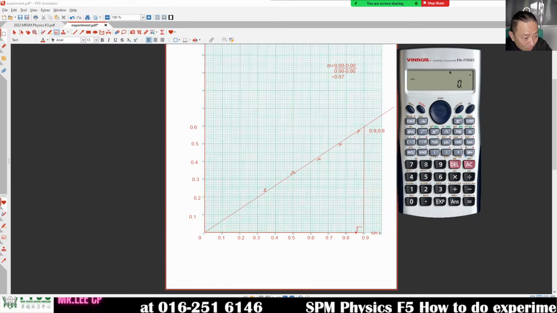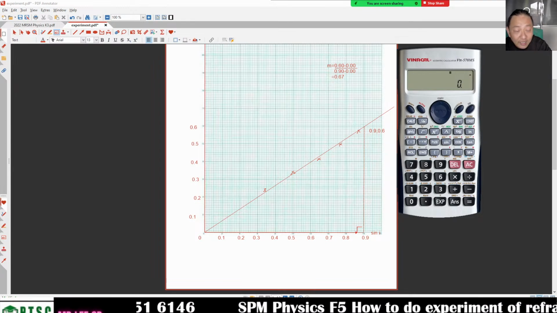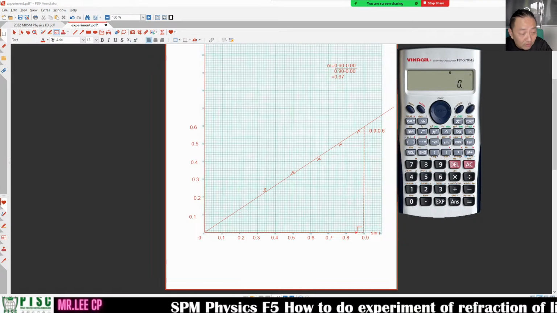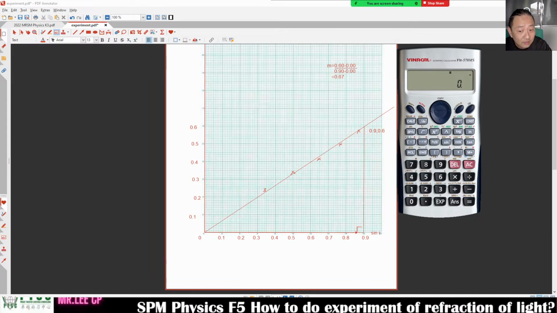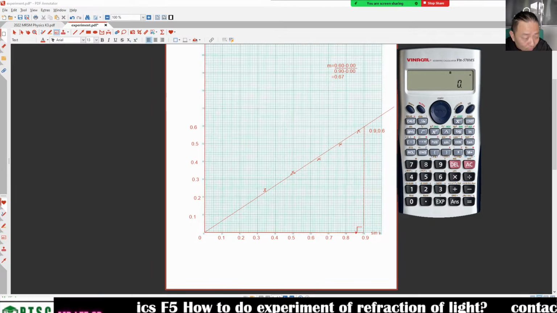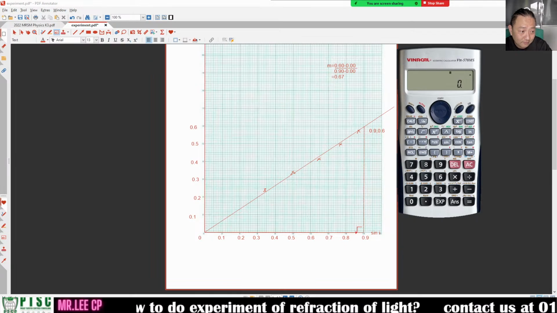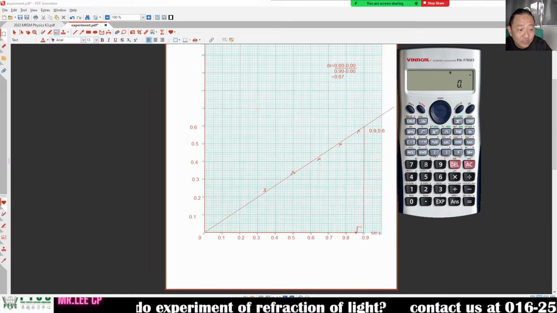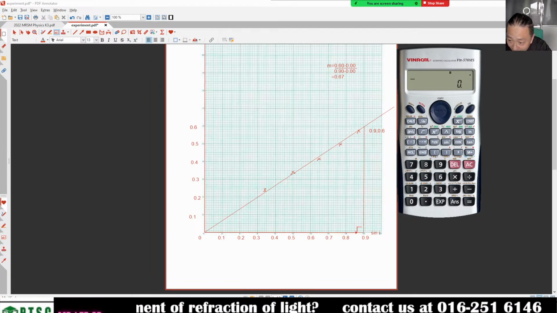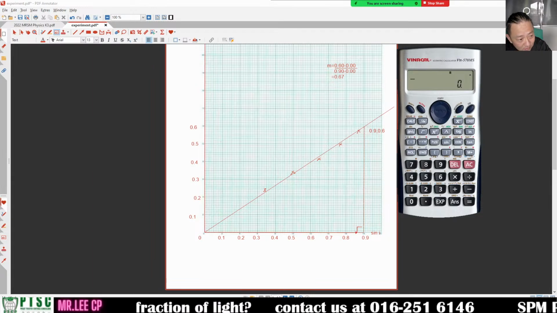Must get more points. It counts from 20 degree. I explained to you why just now already. If you start from 0, 10, 20, 30, 40, 50, your graph will be very small, probably 50 until here only, quite small.